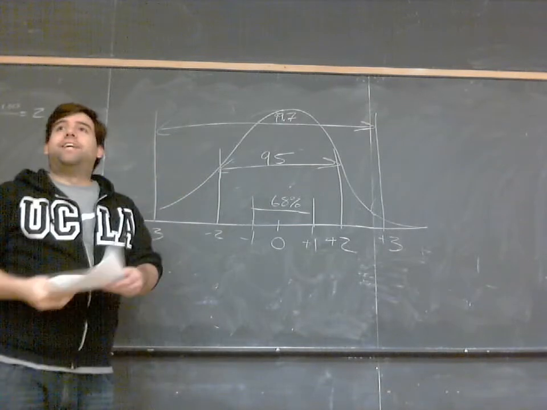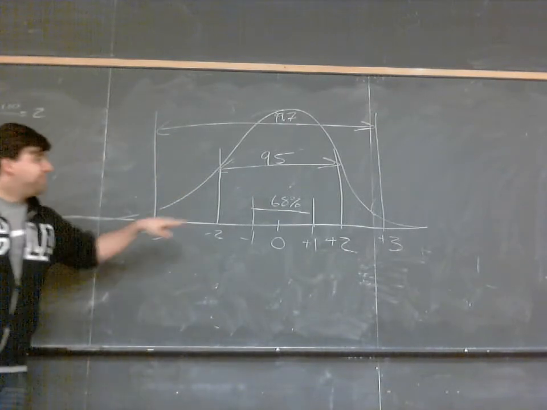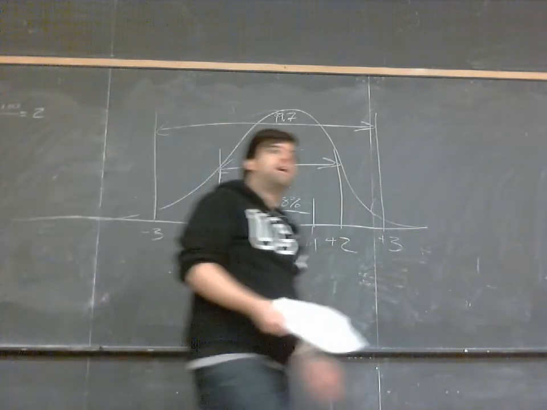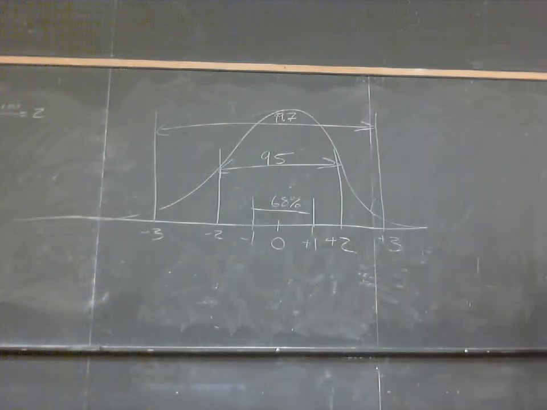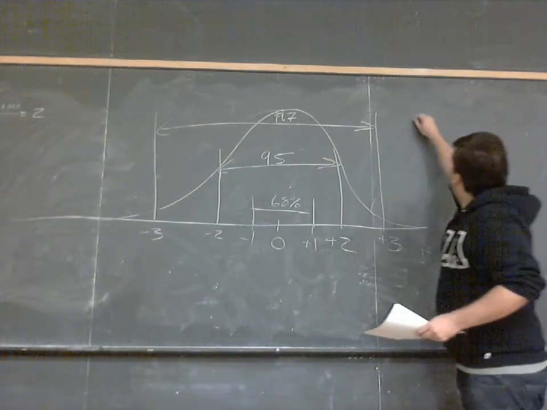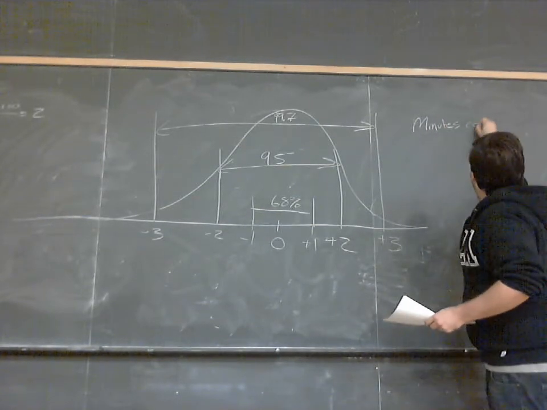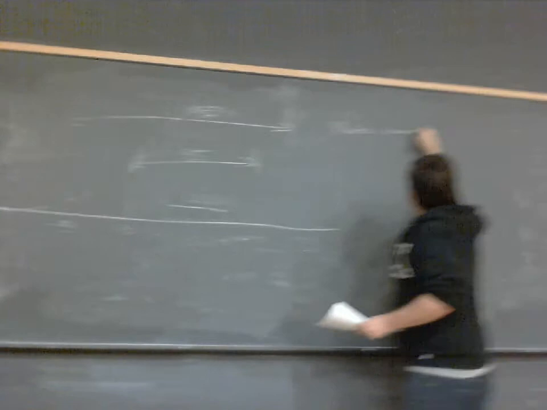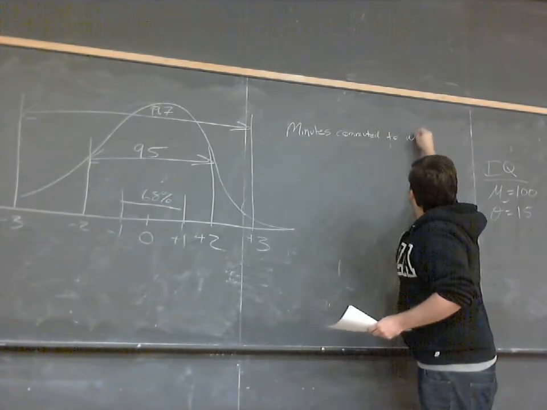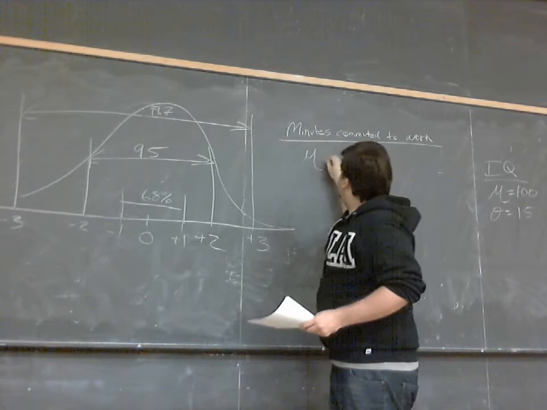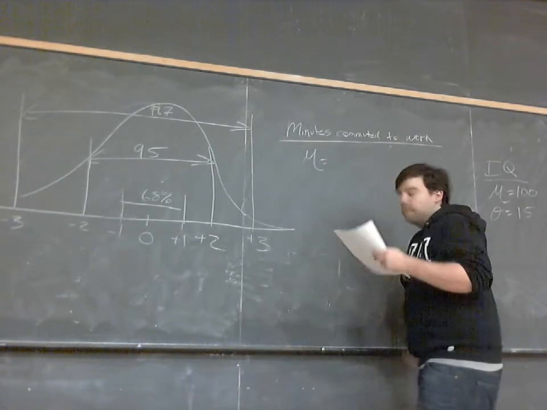I'll give you a big hint right now. I don't like working with -3 and +3 because 99.7 is not a very friendly number to do math with in your head. So what do we do with the 1s and 2s then? Let's say we're looking at minutes commuted to work. The mean is 25 minutes.